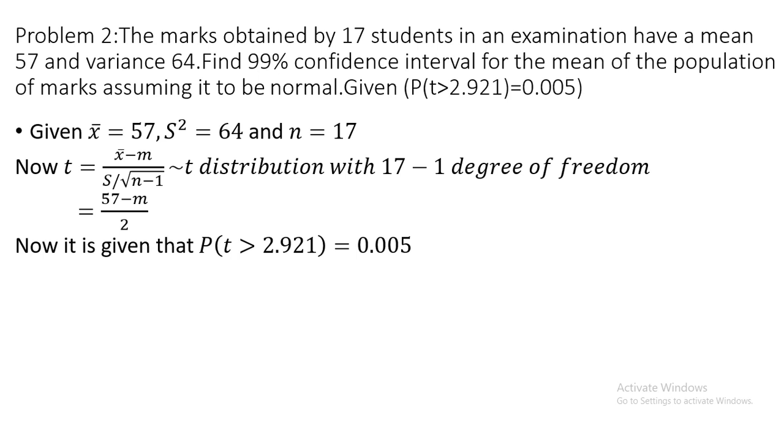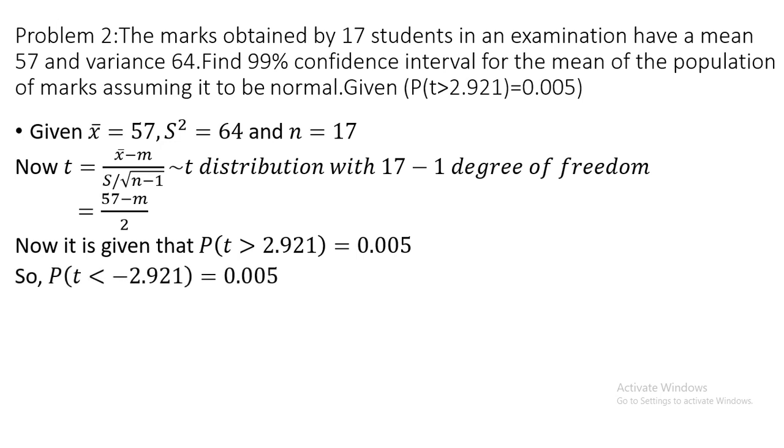If you note, this distribution is symmetric about the y-axis. So since the total probability is 1, the probability between these two points, minus 2.921 and plus 2.921, is basically 0.99.